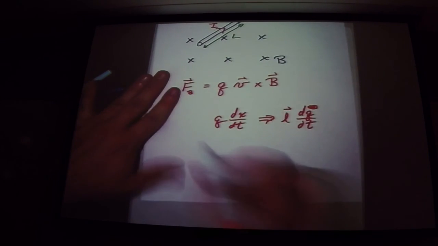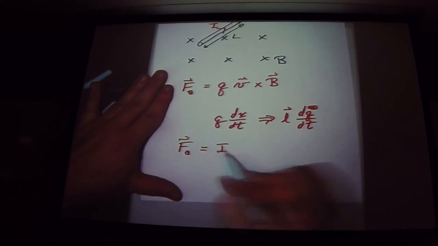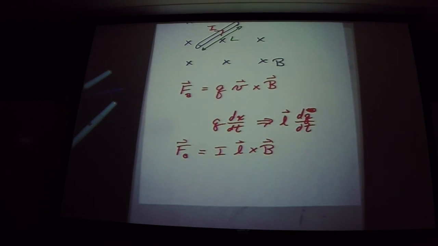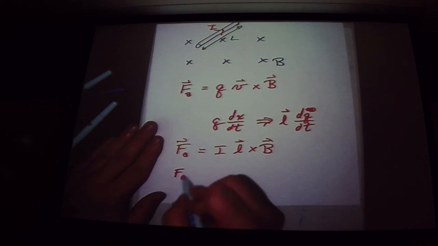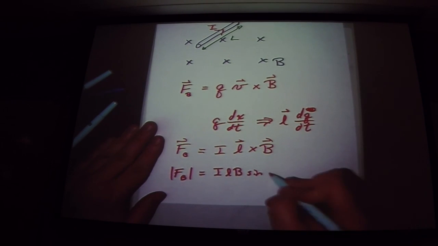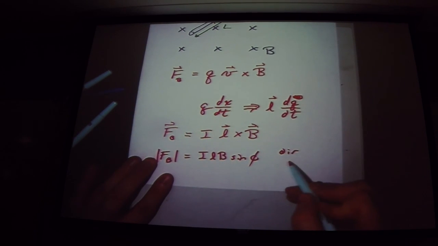So what you get is that the force of the magnetic field is the current I, L cross B. If you want to break it down, the magnitude is I L B sine theta, and the direction is given by the right-hand rule.